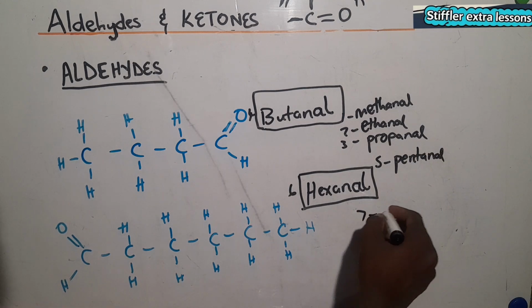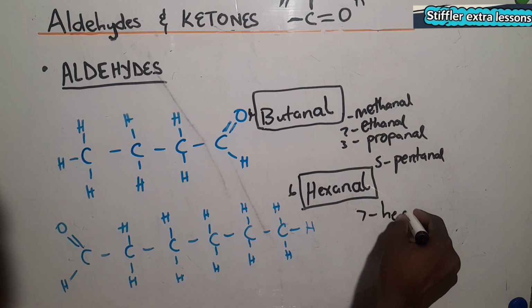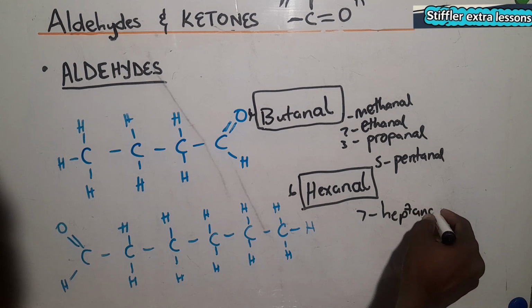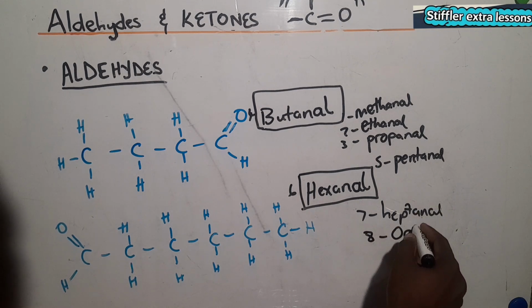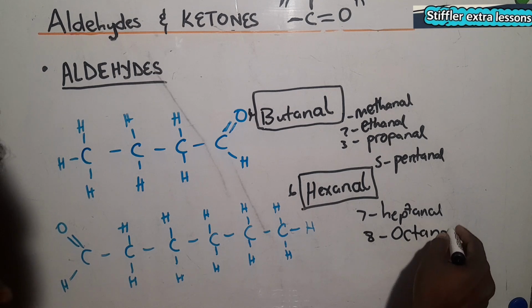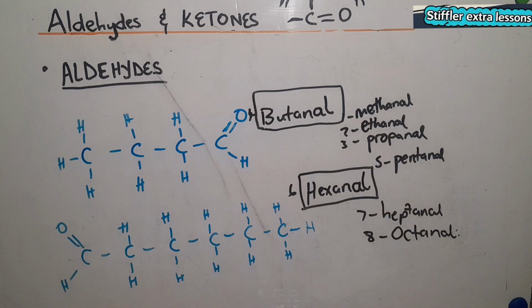If there are 7, that will be heptanal. If there are 8 carbons, that will be octanal, like that, right? As simple as that. So this is way simple and straightforward. You can identify this, right?